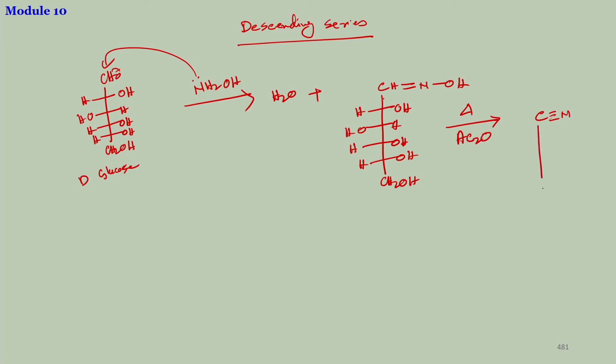At the same time, since you have used acetic anhydride, it will protect all the hydroxyl groups as well. So, you will have now OAc, OAc, H, CH2OAc.